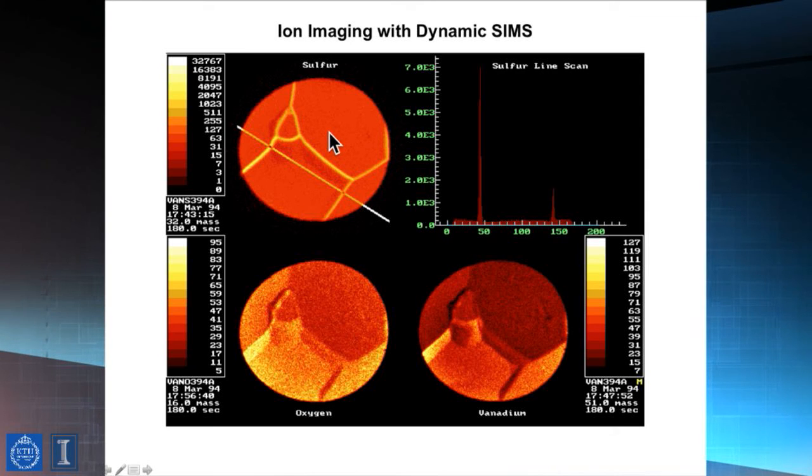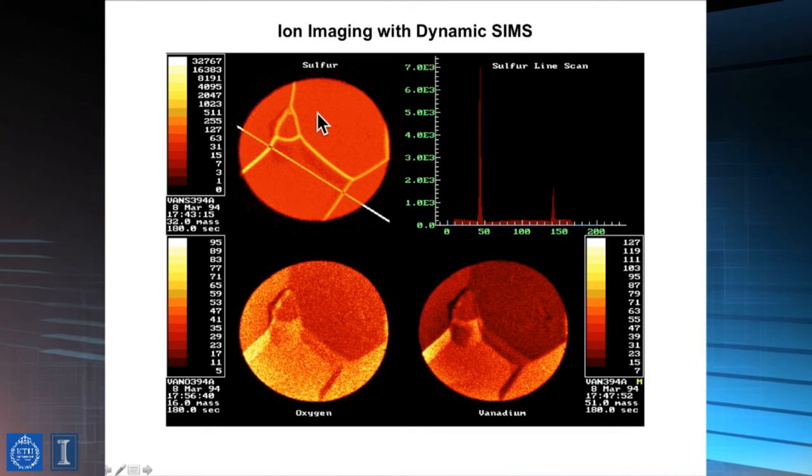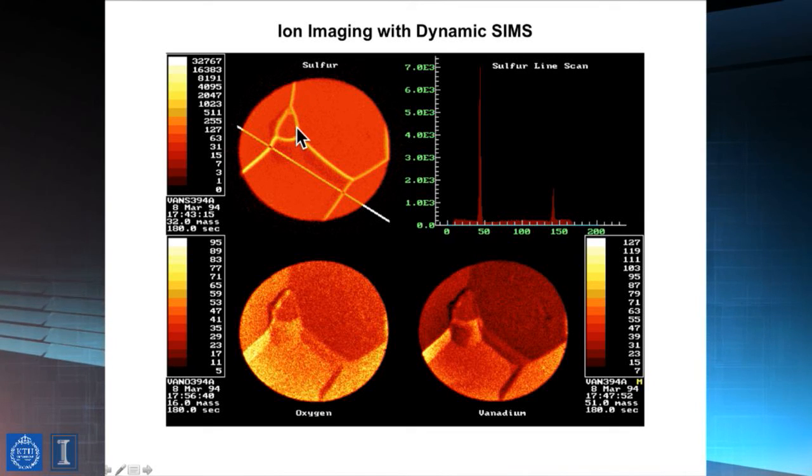And what we're asking in this experiment is, where do these components go? So sulfur is a relatively low content in this metal sample, but you notice that it is in fact strongly localized at the grain boundaries, right? And other components, like oxygen impurities, are more diffusely distributed.